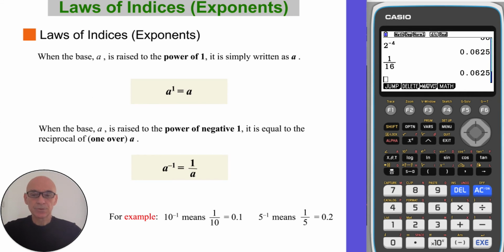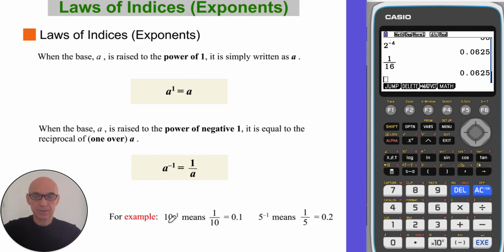These final two laws state that when the base a is raised to the power of 1, it's simply written as a. And when the base a is raised to the power of negative 1, it's equal to the reciprocal of a, or equal to 1 over a.